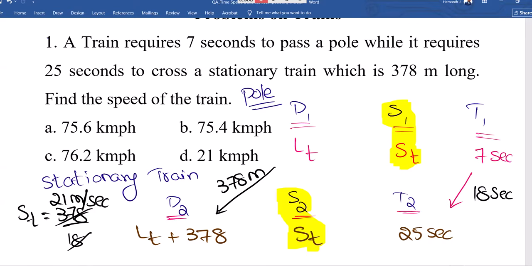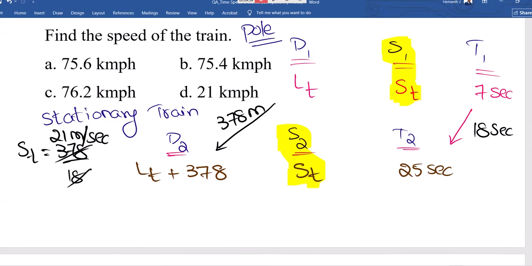A lot of people may go with option D as they got 21, but the problem is we need kilometers per hour and we got meters per second. So what's the conversion? 18 by 5, or 3.6. 21 into 3.6. So what do you get as the answer? 75.6.